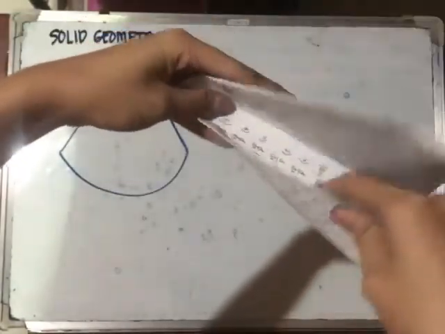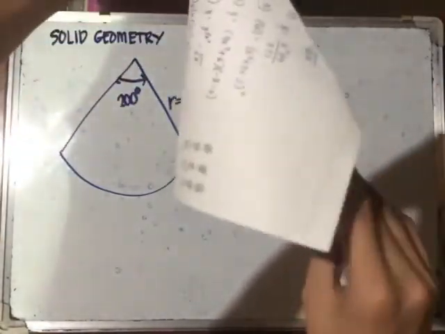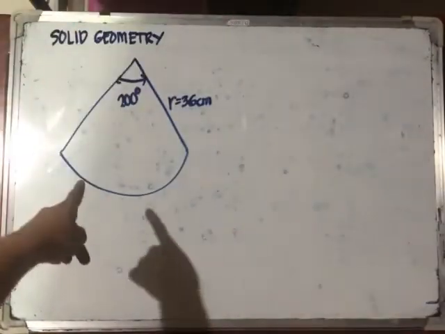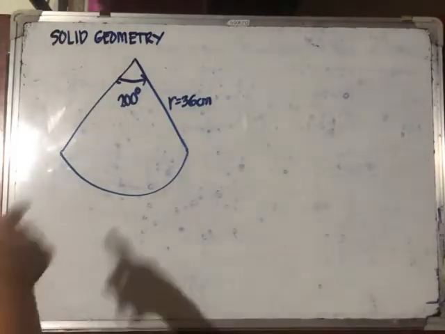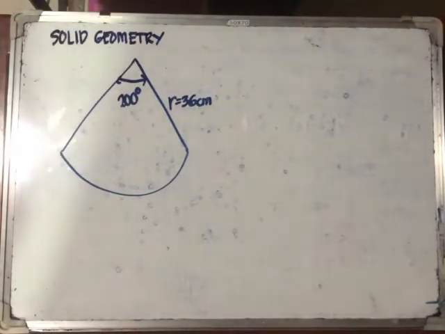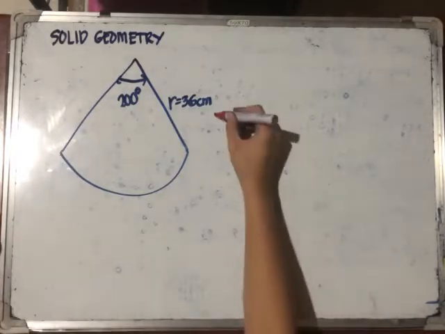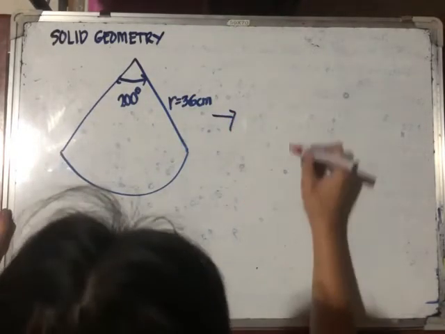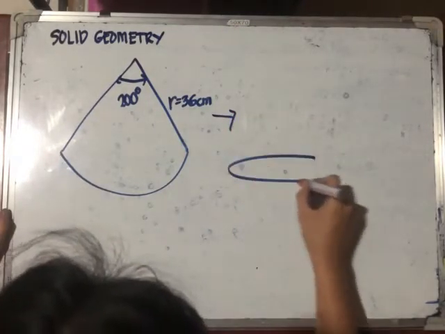Yan, assuming na pa-curve siyang pa ganyan. What we are doing here is i-roll mo siya. You need to roll it this way para magmukha siyang cone. Okay? So, if this is a perfect sector of a circle, just like the drawing, pag ni-roll mo siyang ganyan, that should look like a conical section na 3-dimensional. So, ito, parang i-convert mo siya into something like this.